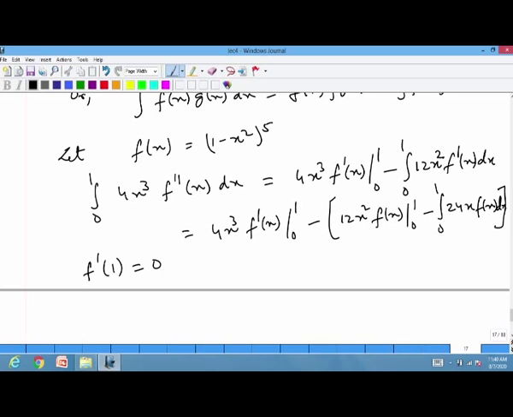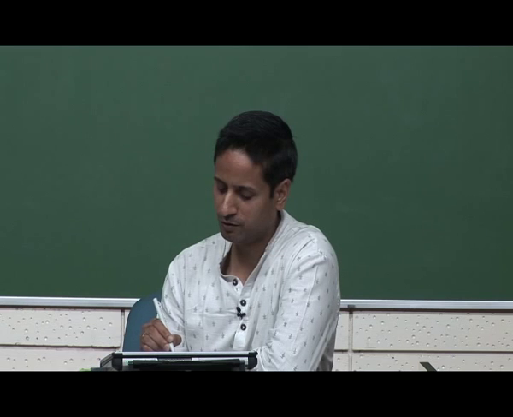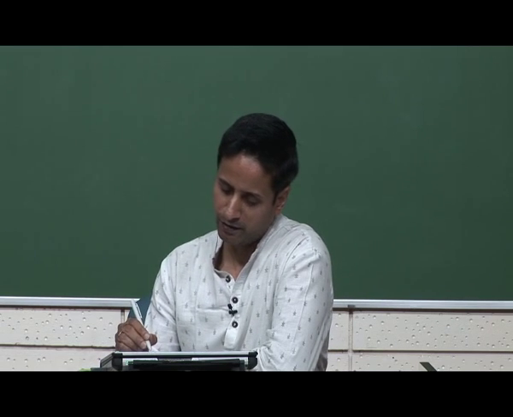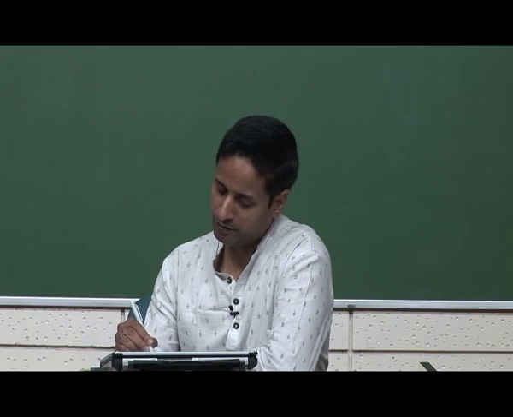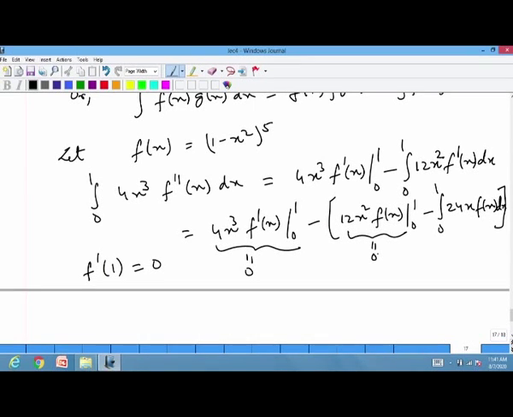Or you can notice that x equal to 1 is a repeated root of this function f(x), and therefore f'(1) must be equal to 0. So, this part is equal to 0 at 1, and at x equal to 0 we have the 4x cubed term, so this is 0. Similarly, f(1) is also 0. So, this part is also equal to 0, because f(1) is 0 and at 0 we have the x squared term.